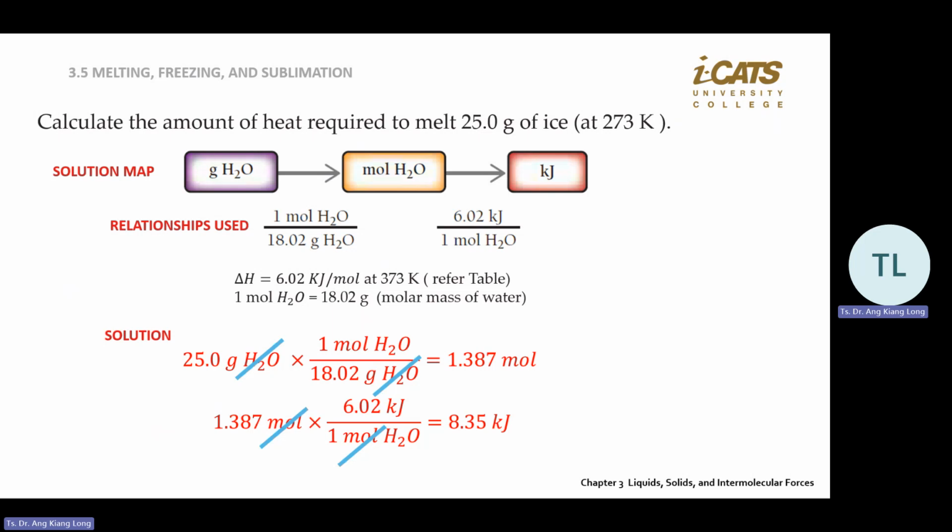For example, the first one, you should be able to do: number of mole of H2O equal 25.0 gram multiply, or you can straight away divide, right? 1 over 18.02 gram.